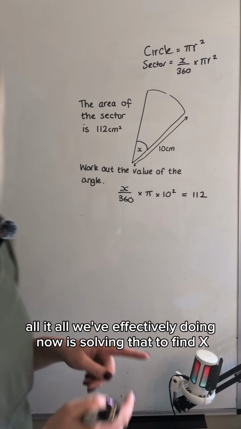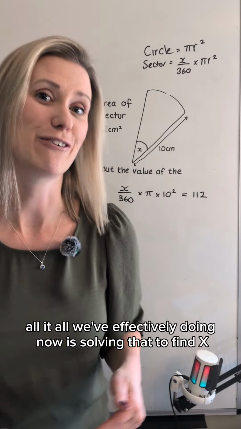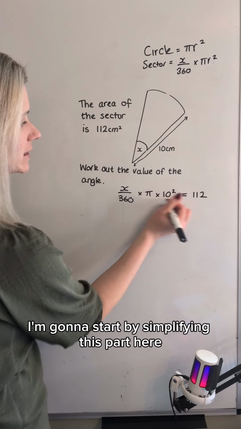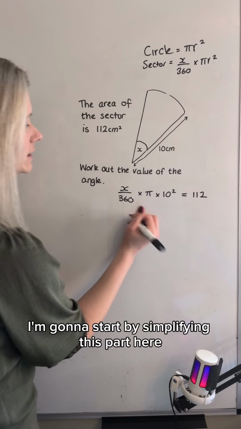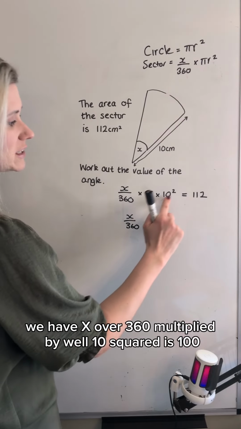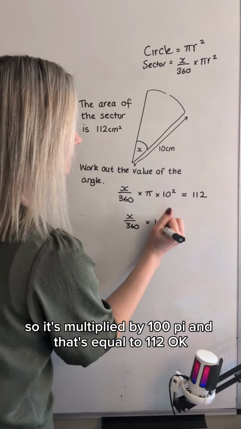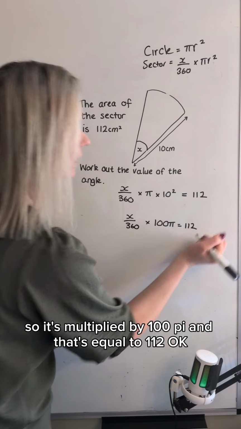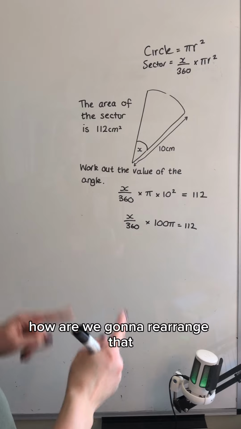All we're effectively doing now is solving that to find x. So how are we going to do that? Let's neaten this up a little bit. I'm going to start by simplifying this part here. We have x over 360 multiplied by 10 squared, which is 100, so it's multiplied by 100 pi, and that's equal to 112. How are we going to rearrange that?